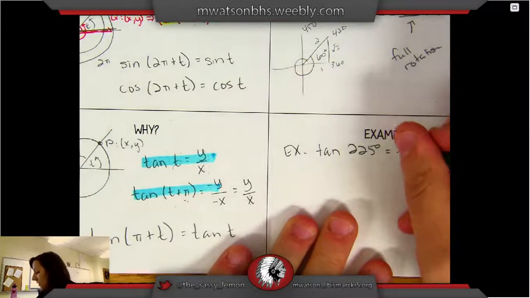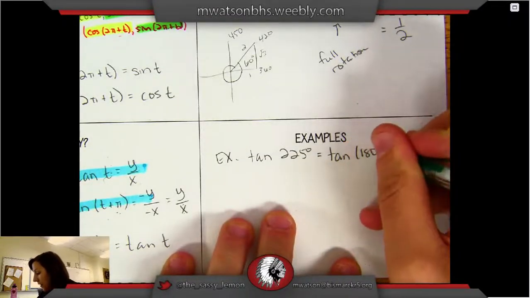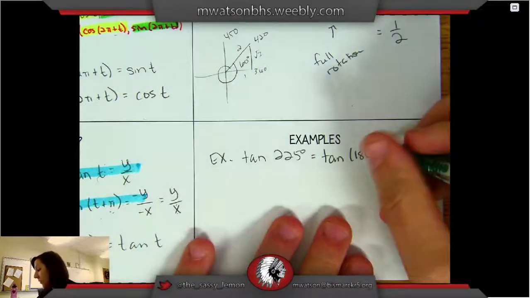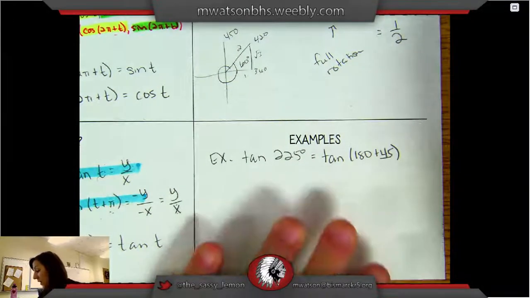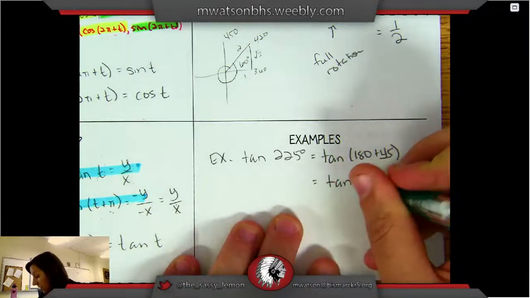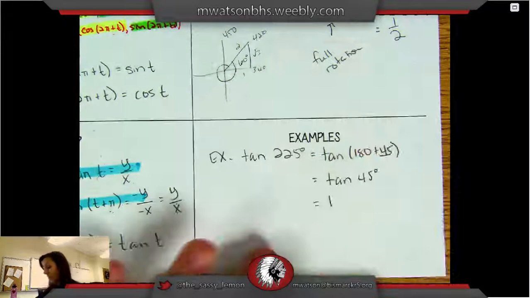So let's write this as tangent of 180 plus whatever's left over to make it 225. A little mental math, it's going to be 45. So this equals tangent of 45 degrees, and tangent of 45 degrees, if you're starting to remember those, is just equal to 1.